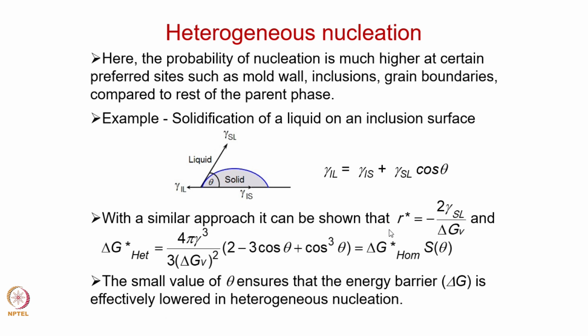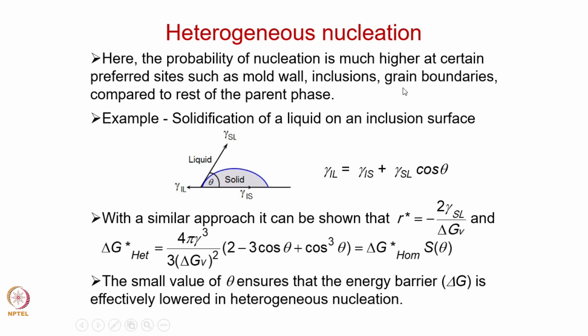In heterogeneous nucleation, you have some preferential sites for the nucleus to form, right? It is not going to be uniform anymore, as you have seen for the homogeneous case. So the nucleus will tend to form at some preferred sites, such as the mold wall when you are pouring the liquid metal into the mold, inclusions, if they are present in the liquid metal as suspended particles, and grain boundaries, right?